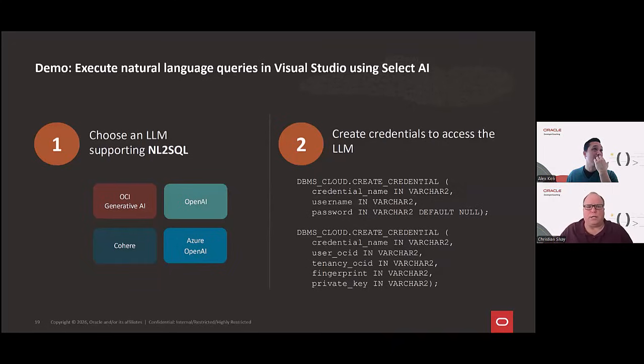So in order to do this, you're going to need to choose a LLM that's available to you. We support a wide variety of them, not just these four, but a wide variety of LLMs, including OCI Generative AI, OpenAI, and Cohere, and Azure. And then you're going to need to create credentials to allow the database to know how to connect to that LLM.